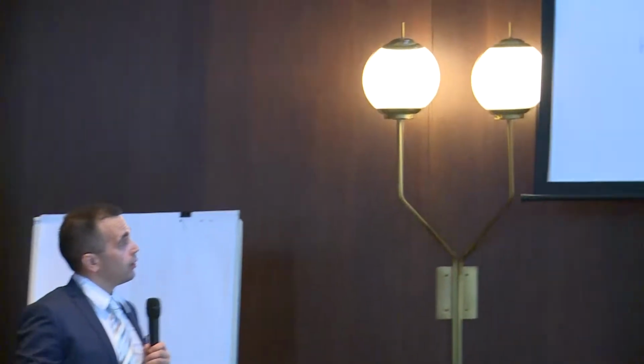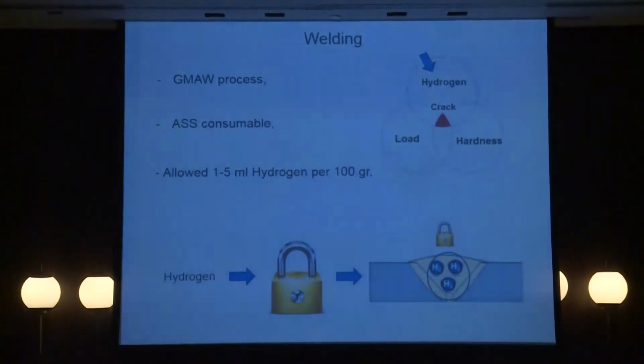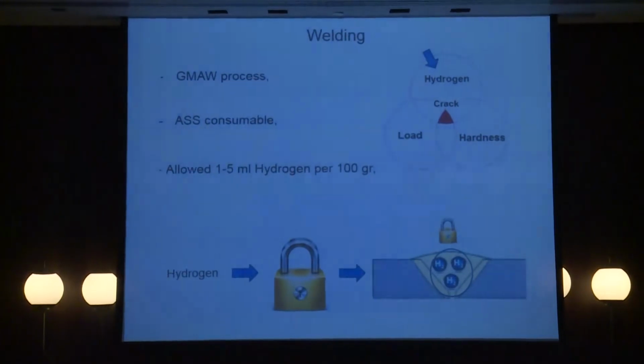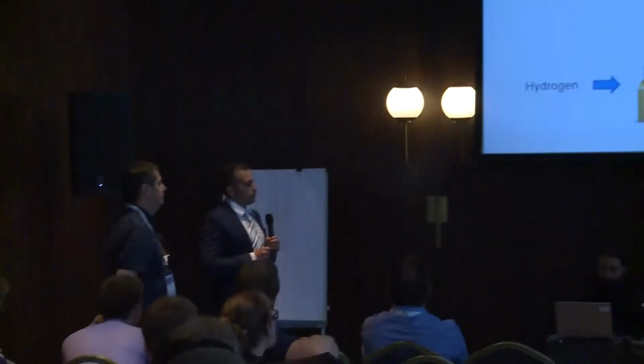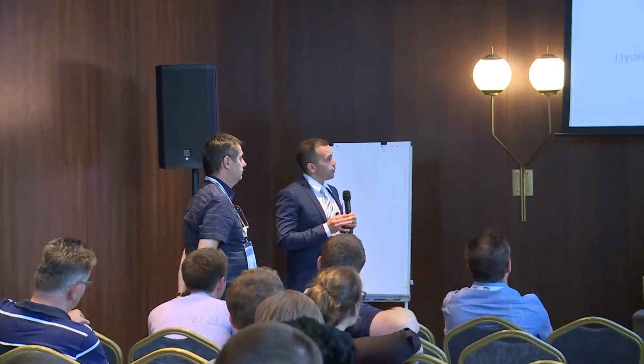Usually for welding high hardness armor, we can use low hydrogen electrodes. That's one way. And the second way is austenitic wire. Austenitic wire has very good properties. Hydrogen movement through austenitic wire is very slow.